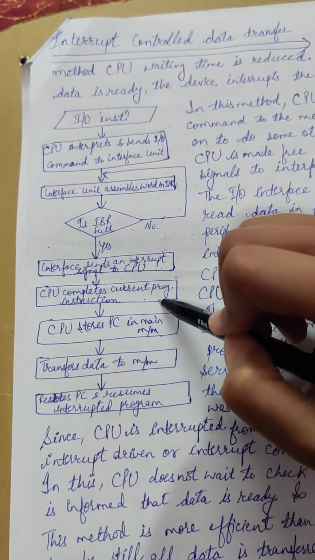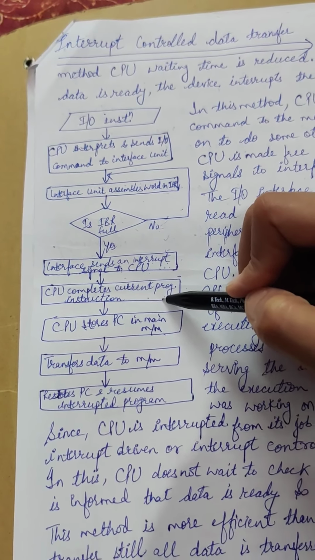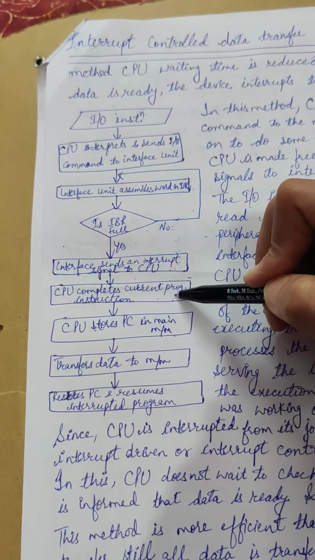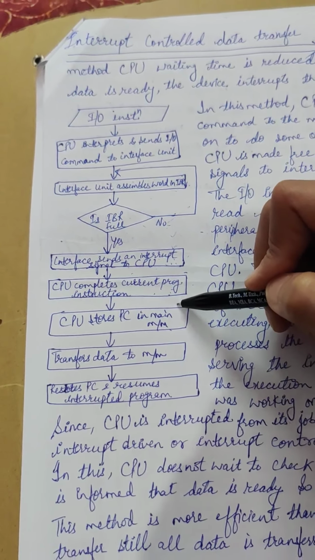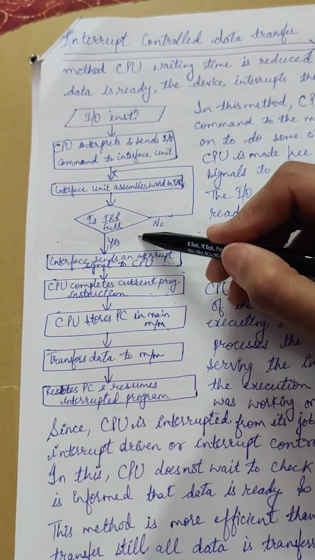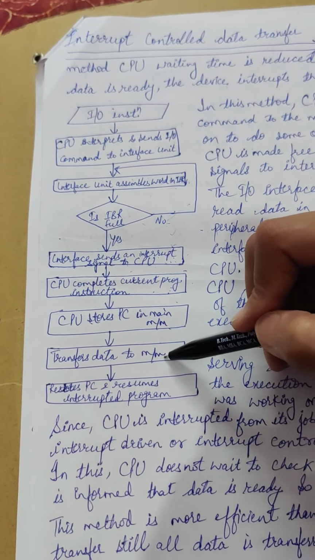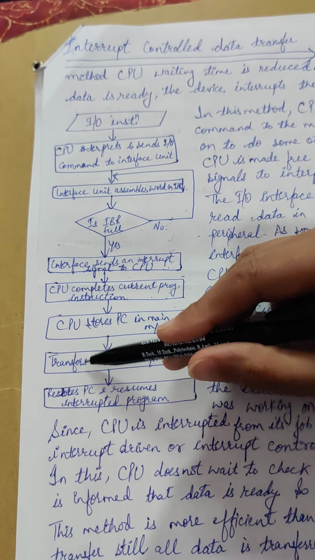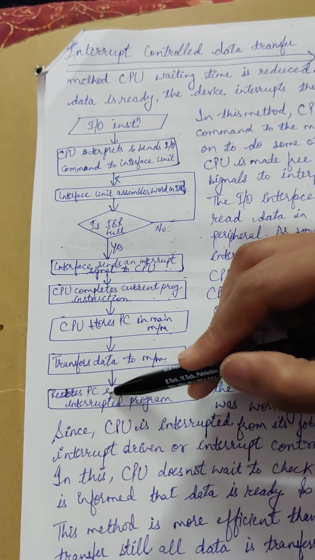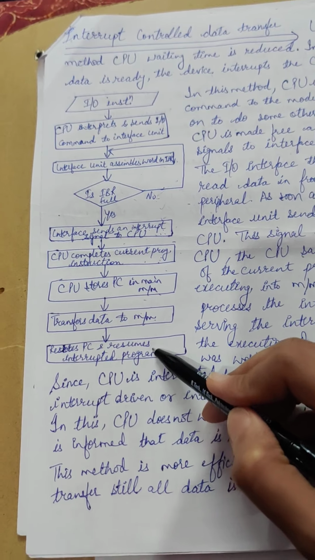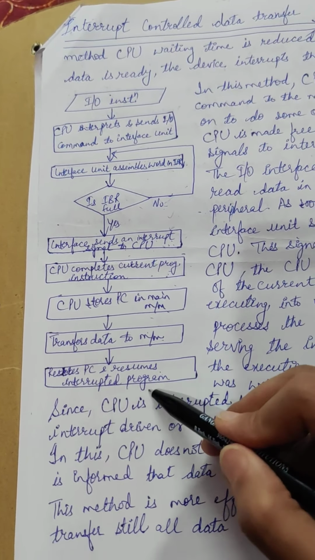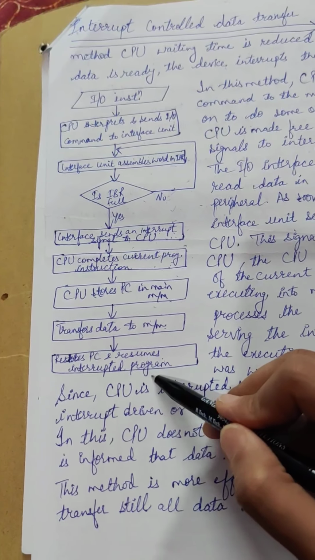Then the CPU will complete its current instruction execution and store that address in the memory, and complete this data transfer of IBR data into memory. After transferring the data to memory, the CPU will restore its address from the memory or program counter, wherever it is stored, and then continue its program execution.